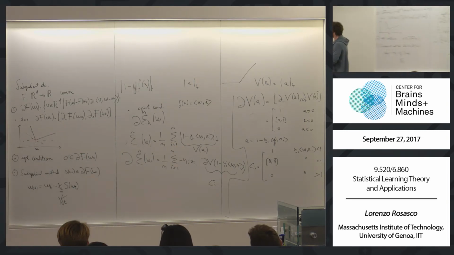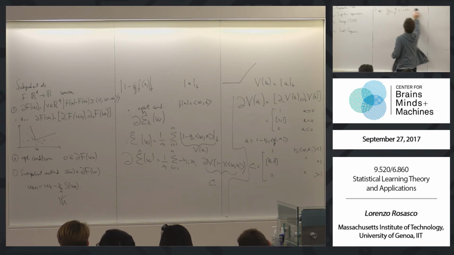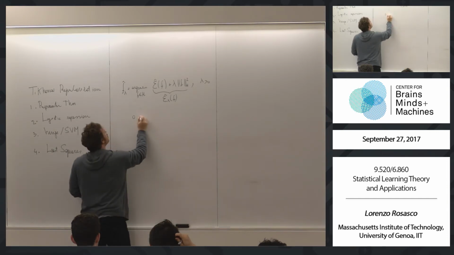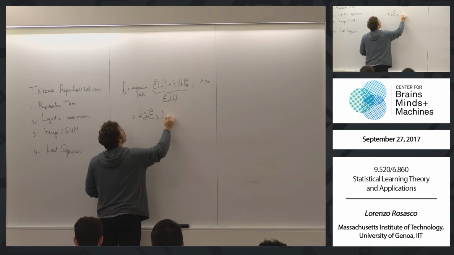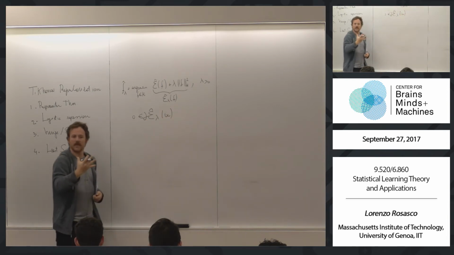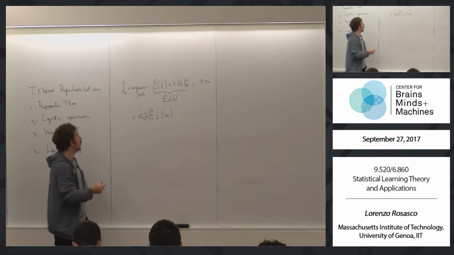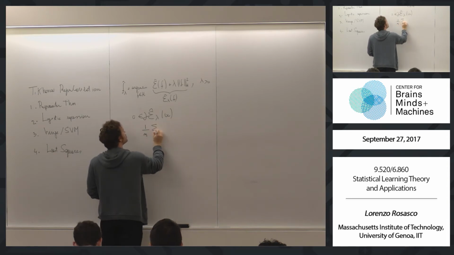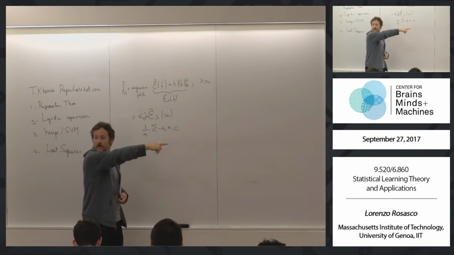Now, the first thing we want to do is to say, okay, fair enough. Let's check the optimality condition. What is the optimality condition? That 0 has to belong to the subgradient at W. I said that W is a minimizer if it satisfies this. Well, but now I know that these things here are vectors of this form: 1 over n sum minus yi xi ci, where ci are those.